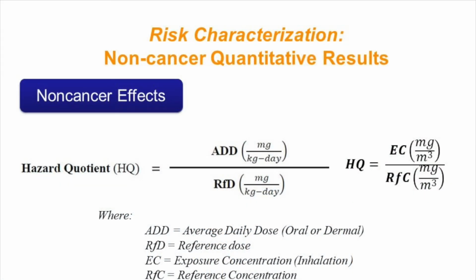For the non-cancer effects, I'll start with the right-hand side of it, which is a little easier. For inhalation exposures for chemicals that are airborne, we look at exposure concentration in air, which in this case is used as milligram per cubic meter, divided by a reference concentration that's obtained from IRIS to obtain a hazard quotient.